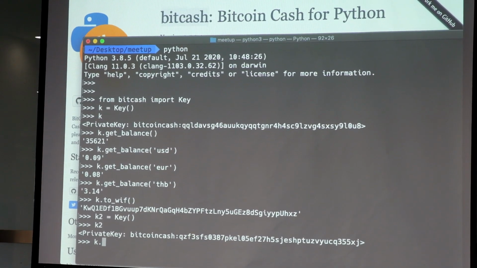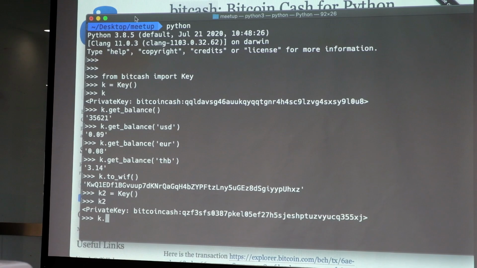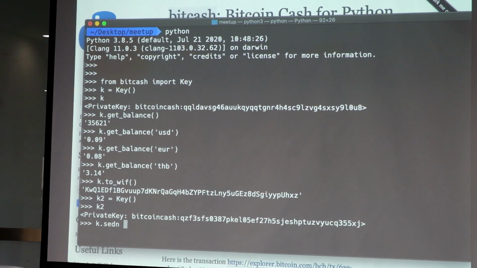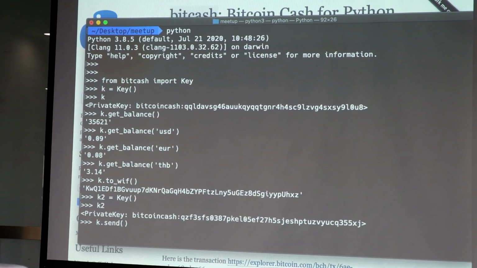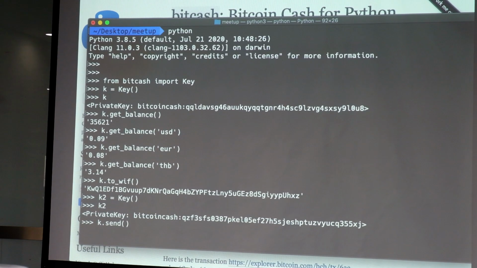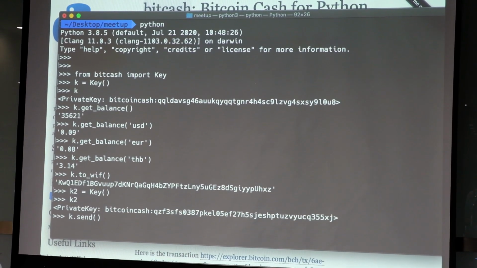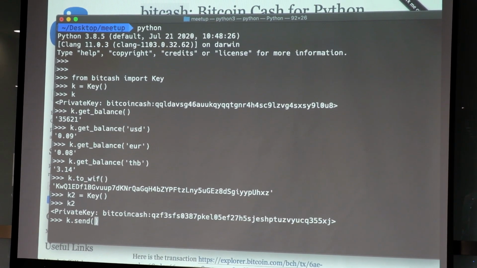And I will send from the first wallet, so key K to K2. So it takes a list, because you could send to multiple people at the same time. That's the beauty of Bitcoin. You can pretty much code whatever you want. You could send to 1,000 people.